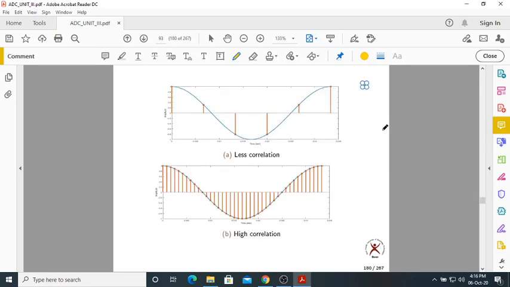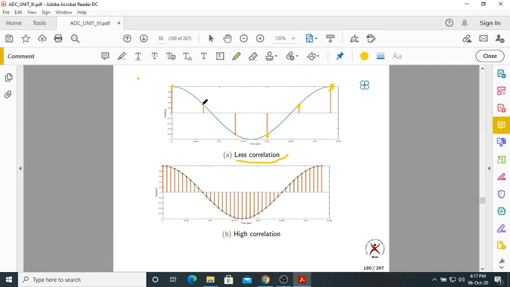Now consider low correlation and high correlation. I have taken a simple signal. For example, if you use very few samples, the neighboring samples are not that similar, or they have less similarity. Here the sample value is somewhat 1, here it is somewhat 0.4.